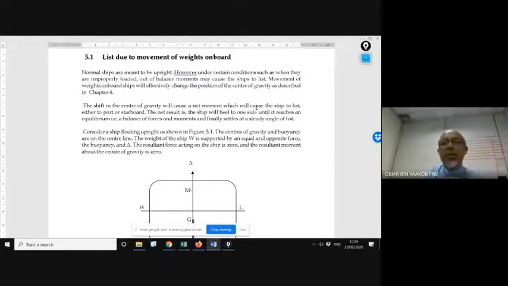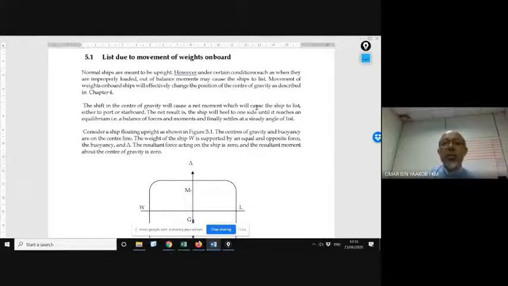Basically, it is a rotation of the ship about its center of gravity to the port or starboard side. A list is more permanent. When we say the ship is listing at a certain angle, it is normally caused by a more permanent movement of the center of gravity, and because of that the moment is there.